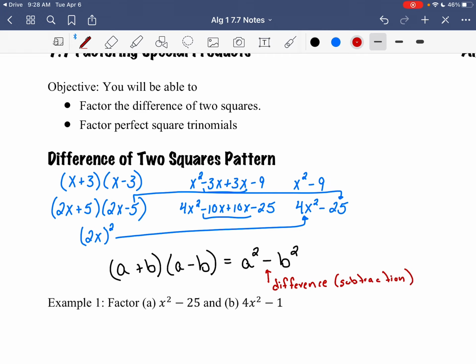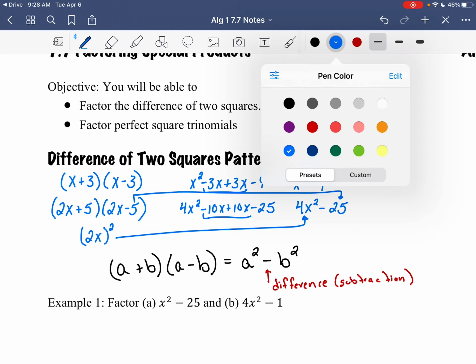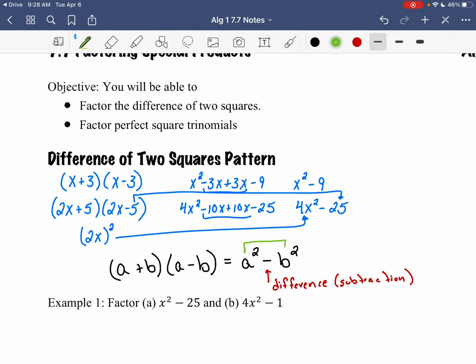And what we mean by two squares is that both of these are perfect squares. Remember, our perfect squares were 1, 4, because that's 2 times 2, 9, 3 times 3, 16, 25, 36, 49, 64, 81, and 100.